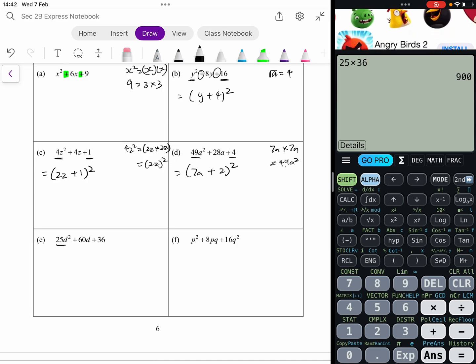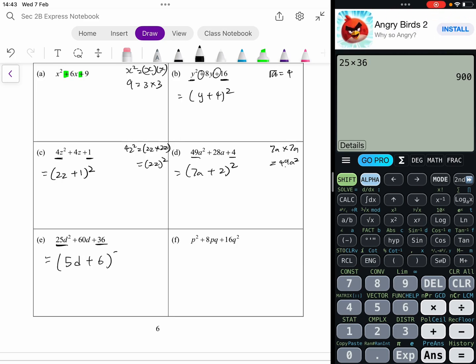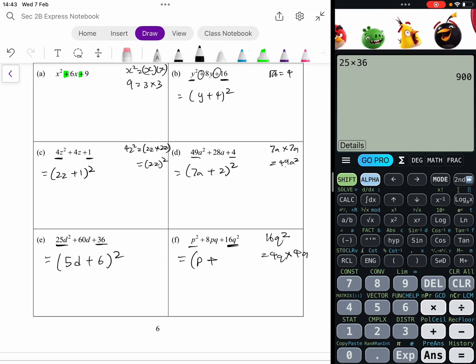Okay, again, perfect square, you should be familiar with 25. So I get (5d plus 6) squared. And this one, again, will be p plus, okay, 16q squared will be 4q times 4q, so (4q) squared.